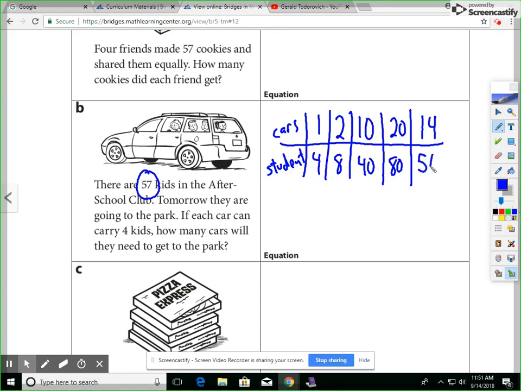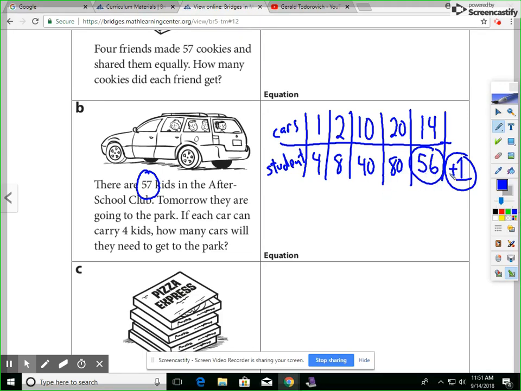That would be 56 kids. 56 kids get to go to the park. But what about that one? We have 57 kids in the problem, so that one extra student makes 57, but they don't get to go. So if we write 14 cars are needed, then 1 kid is going to be left at the after-school club.